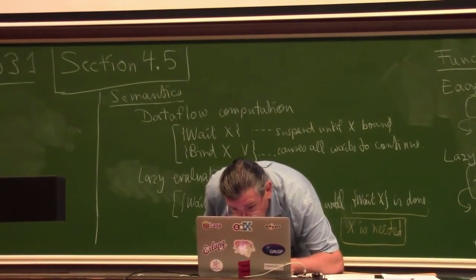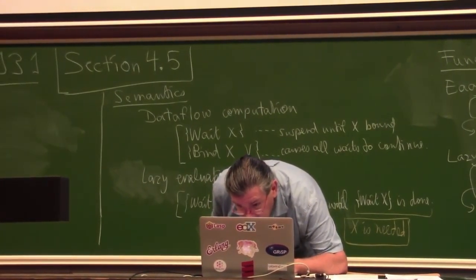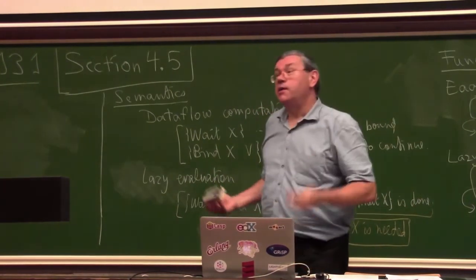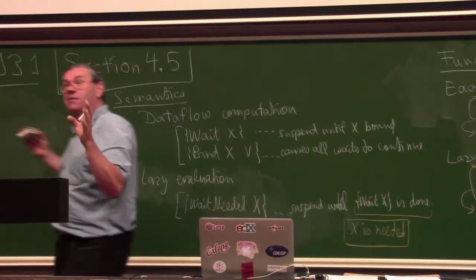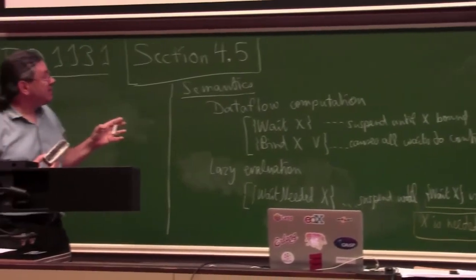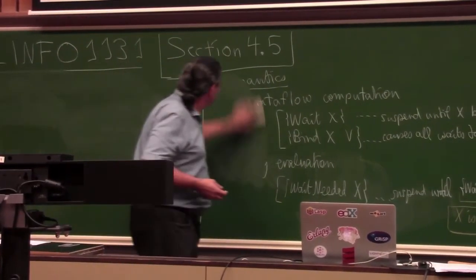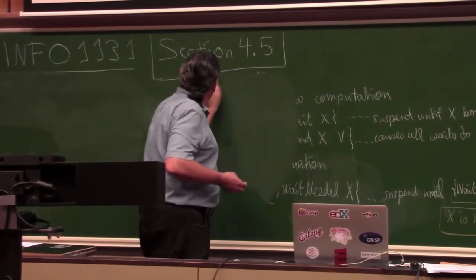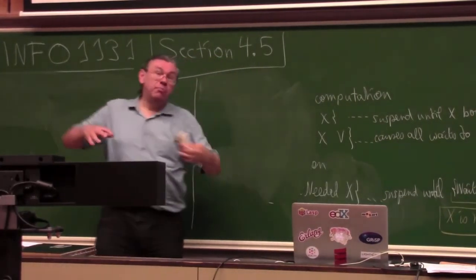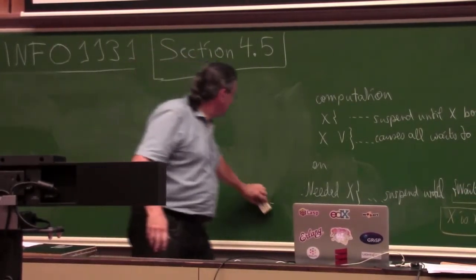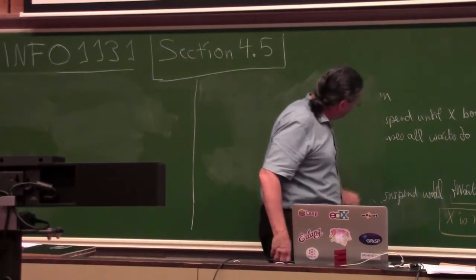So is this clear? Any questions? It's very clear, it's very simple. You understand the wait needed, how the lazy functions work. But you see, we're going to build lots of sophisticated things on top of this very simple thing.